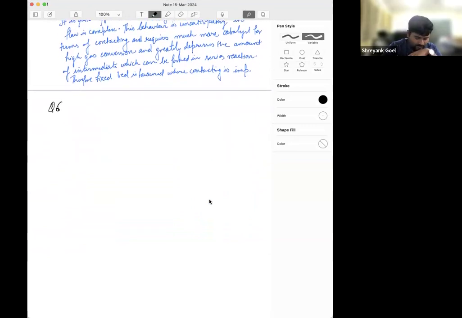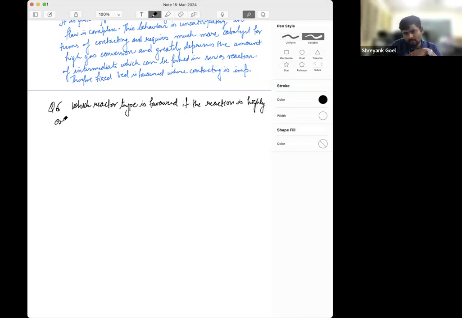So the question is this: which reactor type is favored if the reaction is highly exothermic?